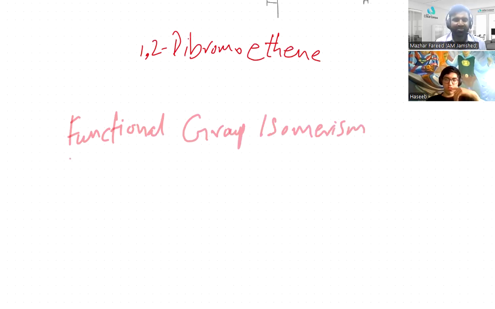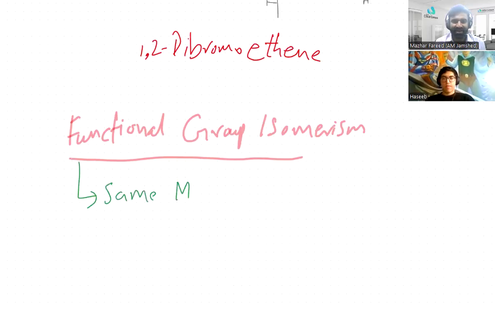Functional group isomerism is a type of structural isomerism. So it will have the same molecular formula and different functional groups.